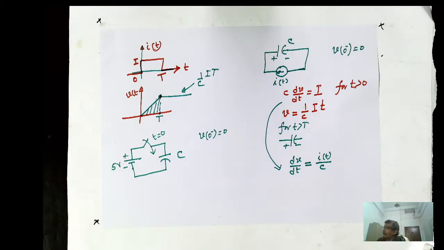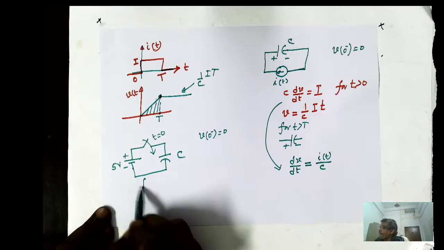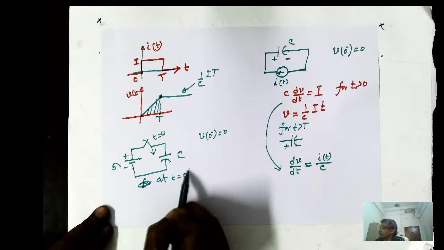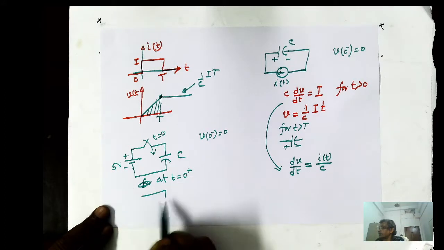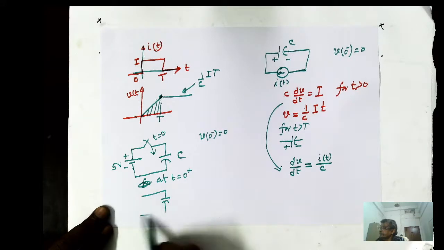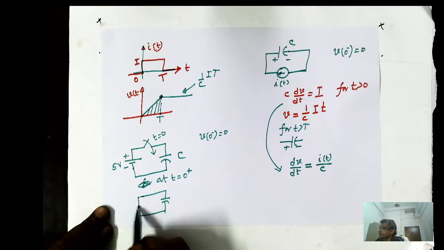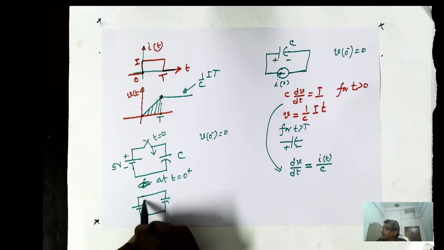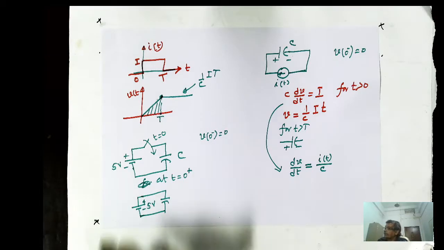But at t equal to 0 plus, the switch has been closed and the circuit looks like this one. From this circuit, applying KVL, I will immediately conclude that voltage across the plates of the capacitor will be 5 volt. C is ideal, so all the voltage will appear across the plates, it has to, because KVL is to be satisfied.